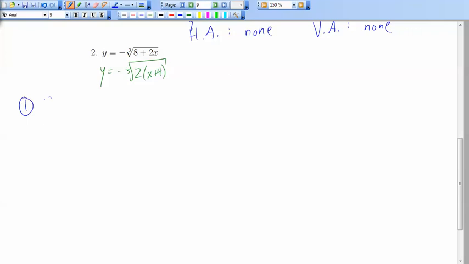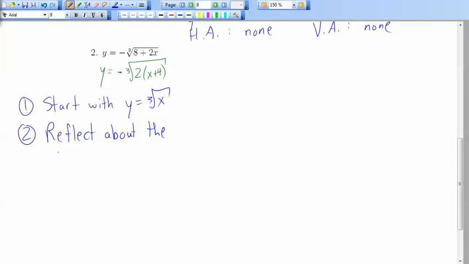So we'll start with our prototype, which is the cube root function in this case. Then notice we have this -1 multiplier out front there, outside the heart of our function. So we're going to next reflect the graph about the x-axis. Next, we can see the multiplier of 2 inside the heart of the function.